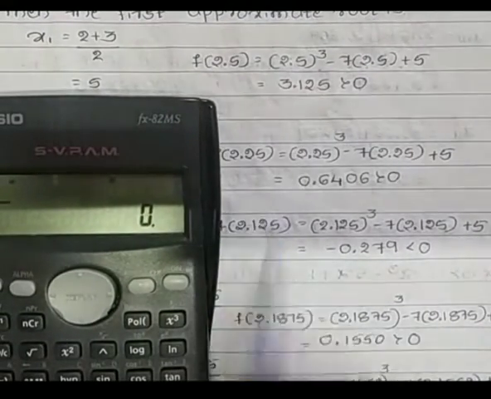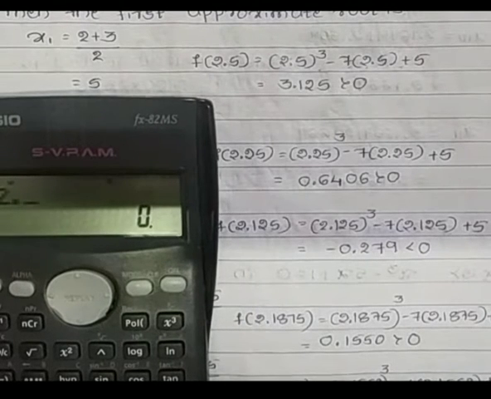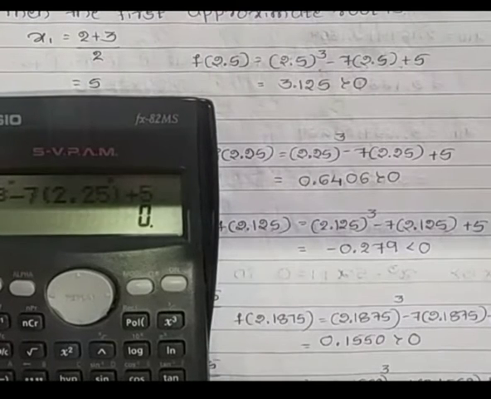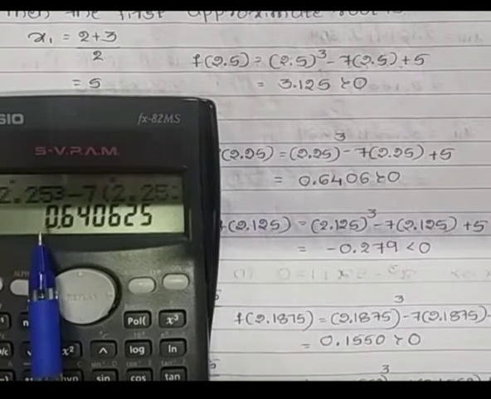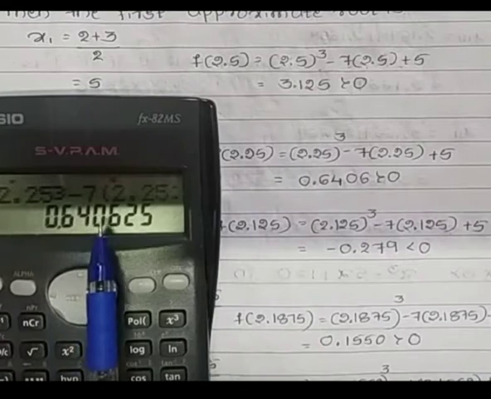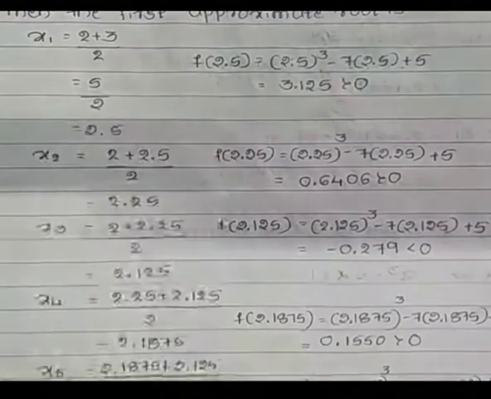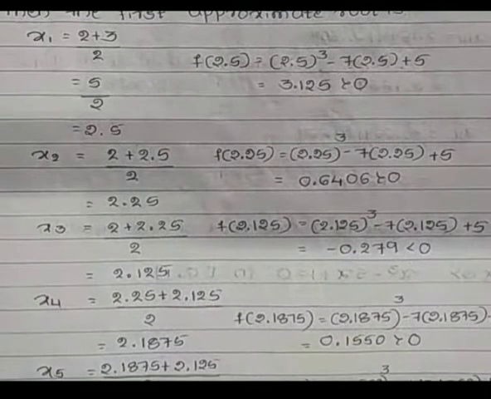We are simplifying 2.25 raised to 3 minus 7 into 2.25 plus 5, which gives us 0.6406. Minimum 3 or 4 decimals you can mention in the answer.